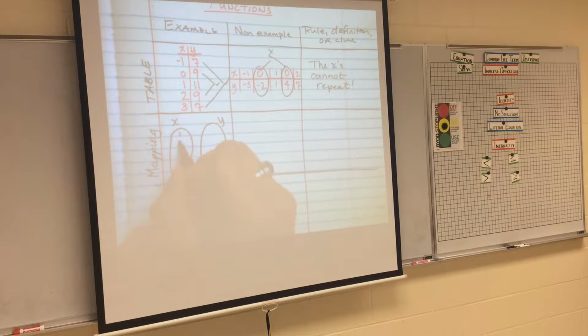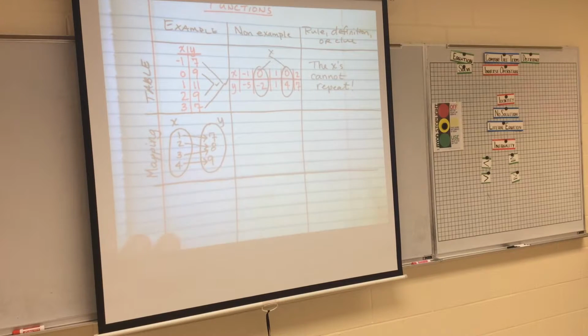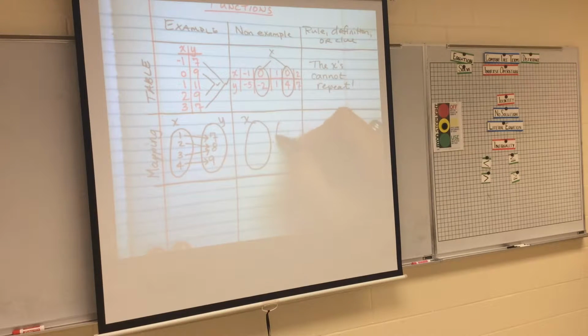I have 1, 2, 3, 4 for my x values, 7, 8, 9 for my y values. In my non-example, I'm going to have my x values, my y values.